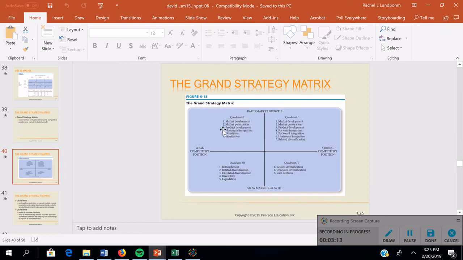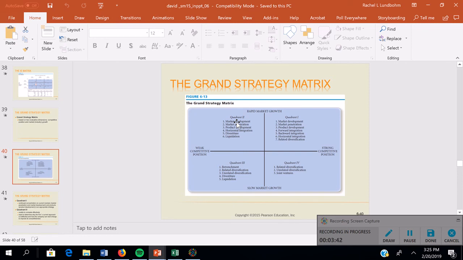So then it would fall into quadrant 2, and you'd have market development, market penetration, product development, horizontal integration, divestiture, or liquidation as options. It's almost like the companies that are in this quadrant are question marks, like if they were a product in there. But basically, for a company like BlackBerry, unless they can really develop some awesome products or penetrate some new markets or develop new markets, maybe they go to developing markets.